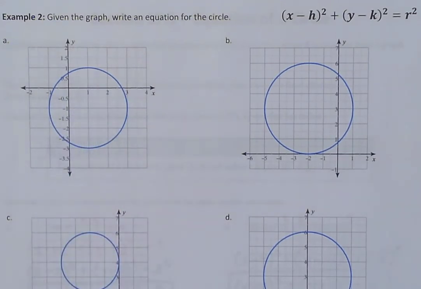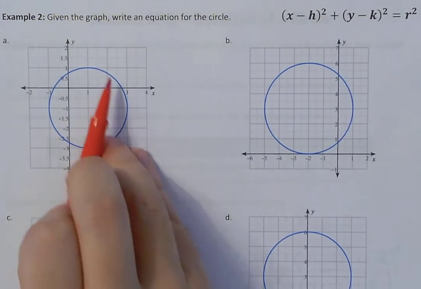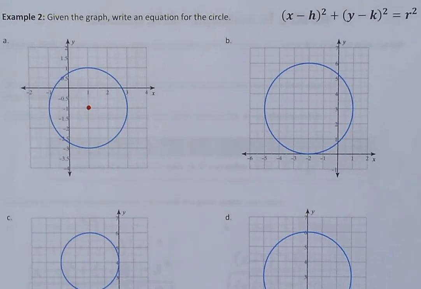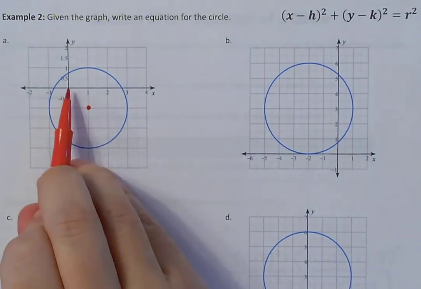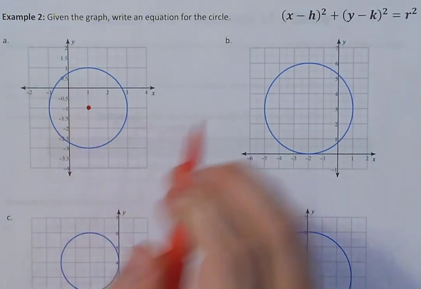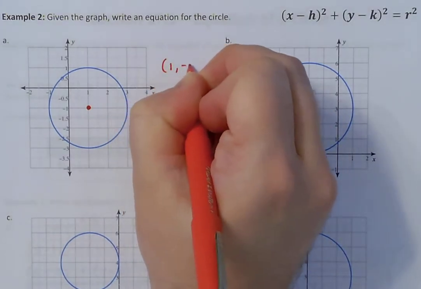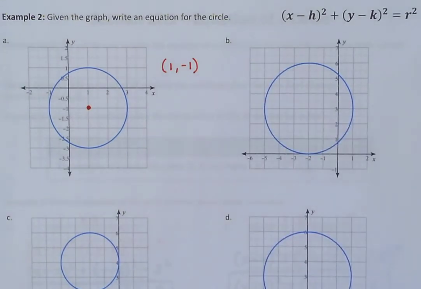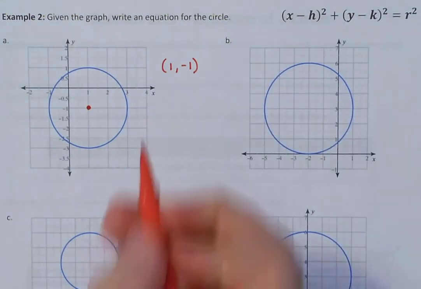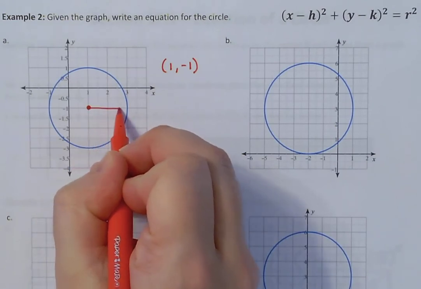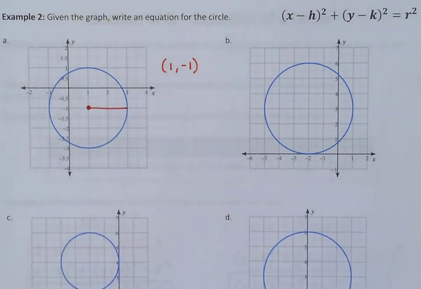We need to do two things. We need to figure out our center and then figure out what our radius is. Now, the center for this circle is going to be right here, which is at (1, -1). So our center is at (1, -1). And then we need to figure out our radius, which is the distance from the center to the edge.